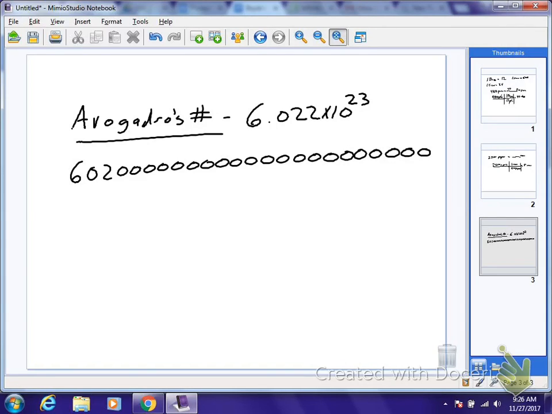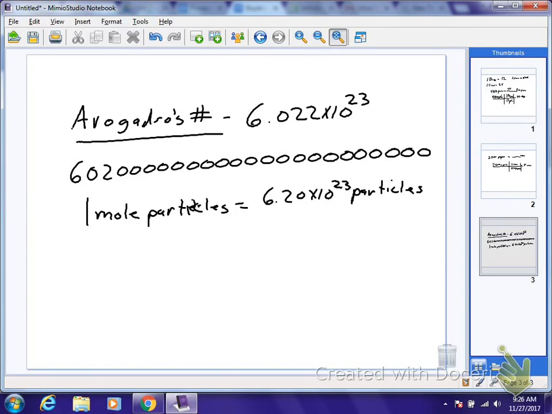If we have 1 mole of particles, and I'll tell you what these particles are later, we have 1 mole of particles. That's equal to 6.02 times 10 to the 23rd particles. So what's a particle?